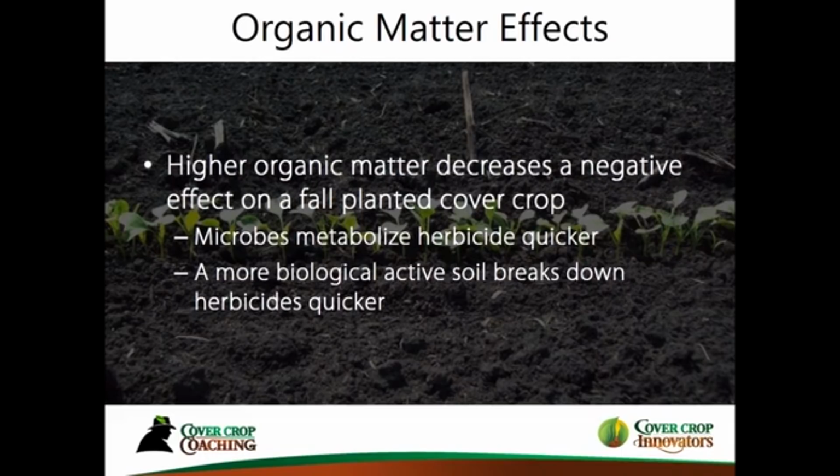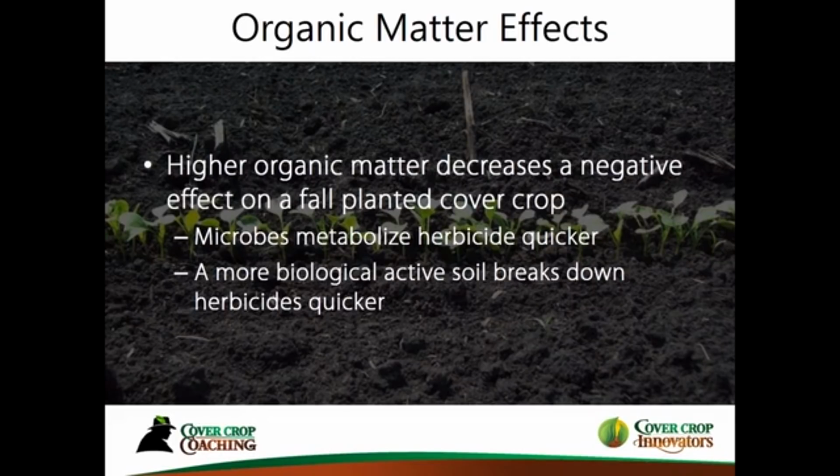And this last point I have here is something that is interesting to me, because as we move forward in creating healthier soils by using cover crops, by using no-till or less tillage, now we can also reduce, I feel, done well, the need for herbicides.